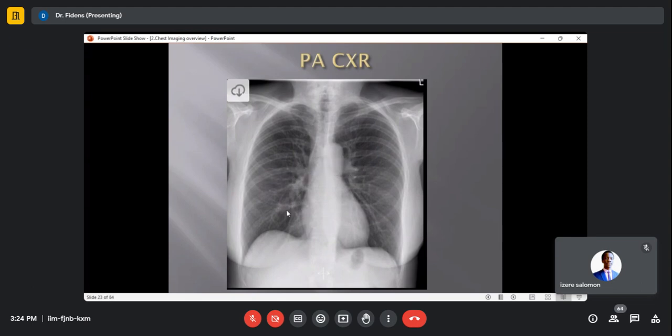If you don't look very well, you can miss any small opacity in the hilum. That's the reason why you call it a hidden area. So the hidden areas of the lung should be looked at twice, the region behind the diaphragm.